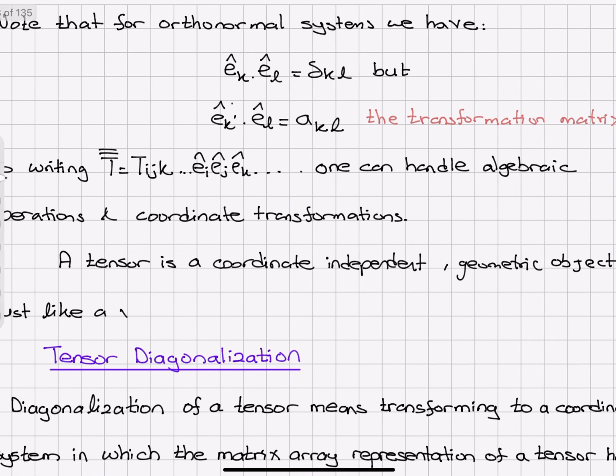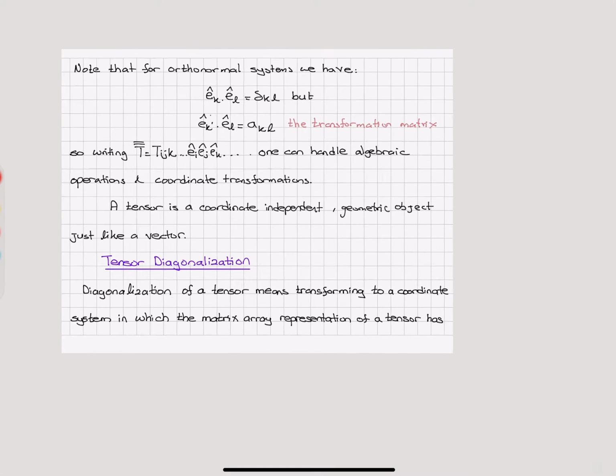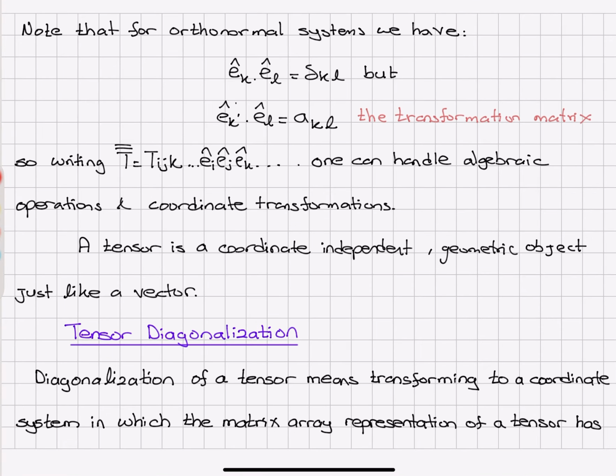It's just like a vector. So it's a quantity that's independent of what coordinate system I use, and I can handle any algebraic operations with it as long as I recognize these rules for the two orthonormal coordinate systems that I'm working with, the unprimed and primed coordinate systems.